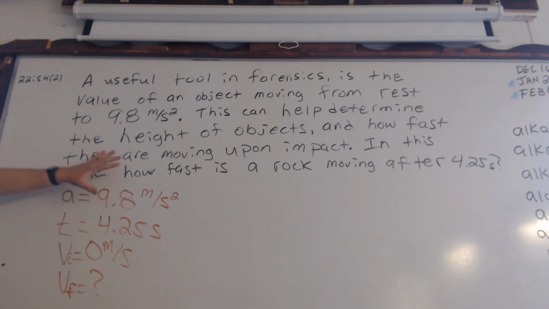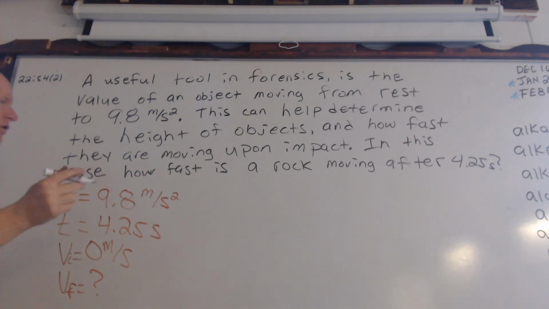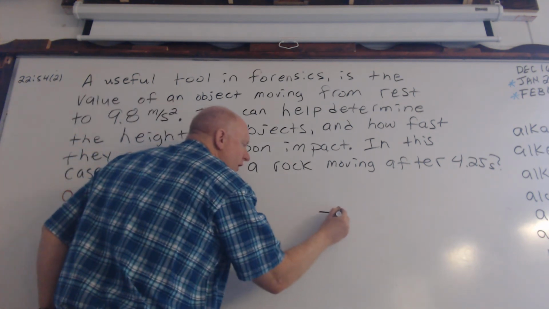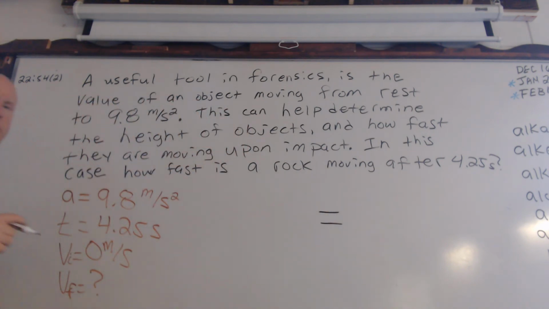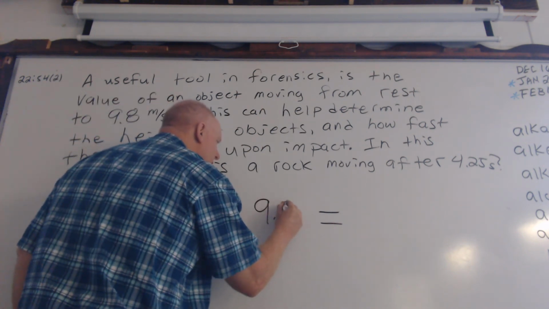Now that you got your setup here, your important information, we do what the formula tells you to do. Okay? That's why you write it down, so you can use that formula. Final velocity. Okay? So where do these values go on this equal sign? So 9.8 goes here.